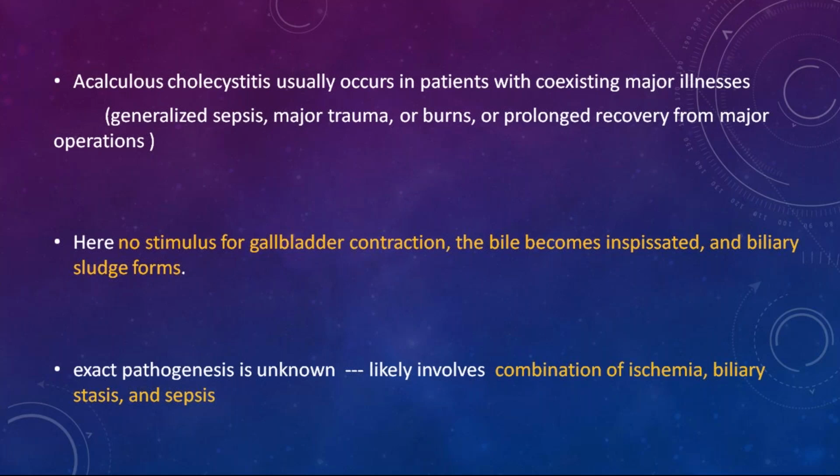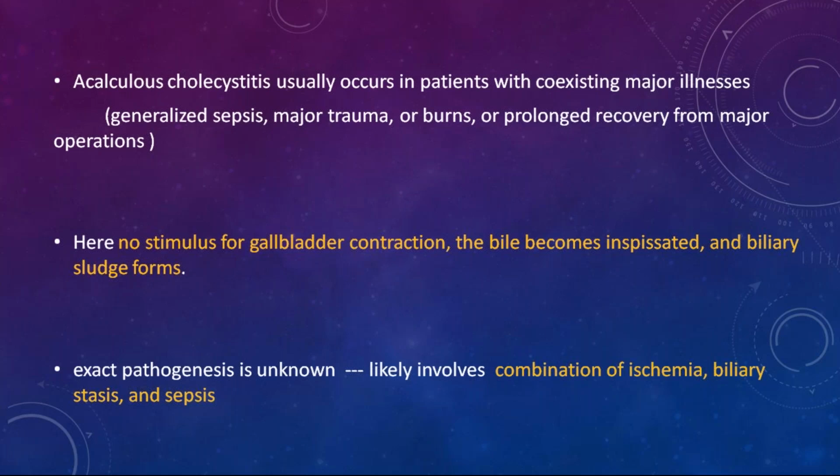So the major differentiating feature is this. In calculous cholecystitis, the reason the patient experiences pain is because of contraction against an immovable object, that is a stone, which is impacted in the neck of the gallbladder. The gallbladder is trying to push the bile into the bile duct, but it is not able to do that because of an obstructing stone.